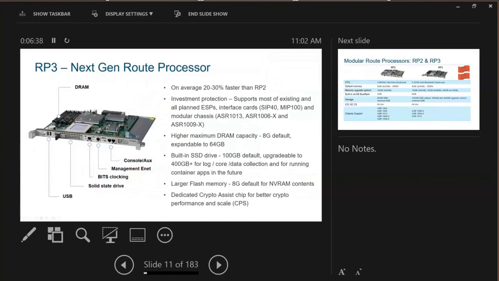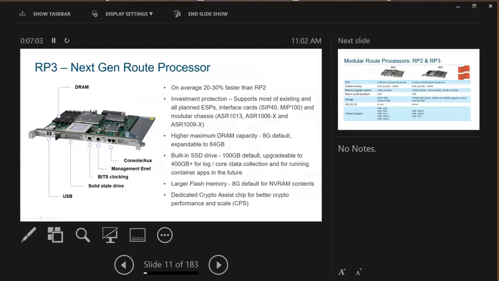This is the solid state drive, the hard disk, and this is the clocking. This is the management Ethernet that we saw. It is recommended to use it only for the management traffic, and we'll also have a console and aux cable to access the device.